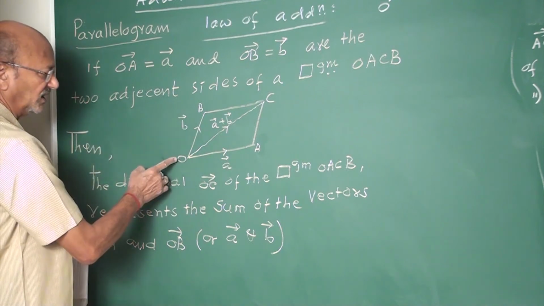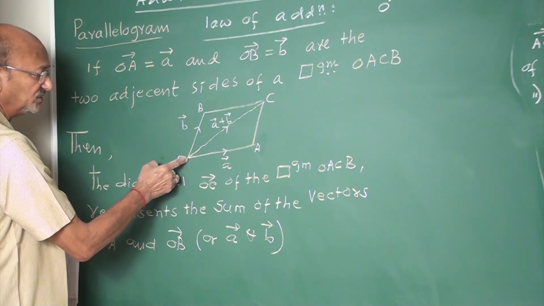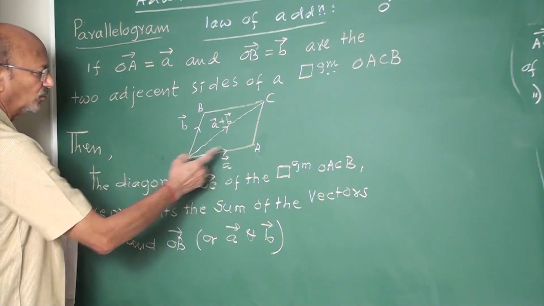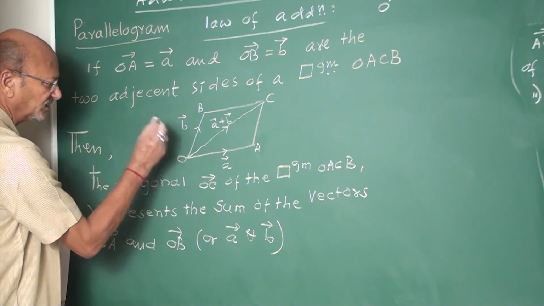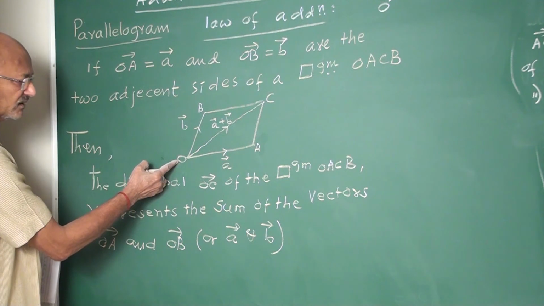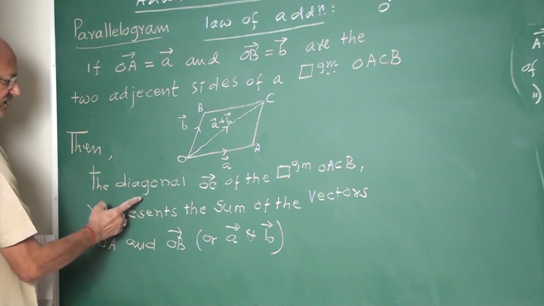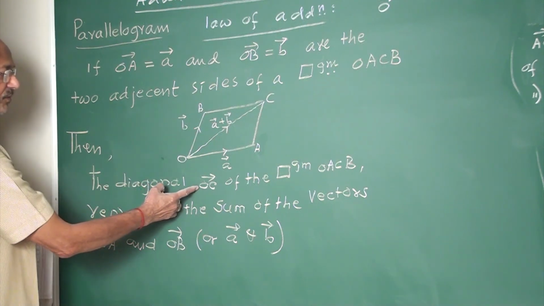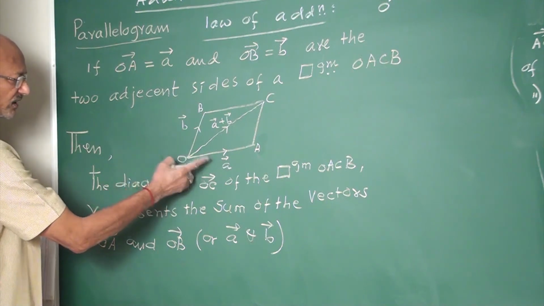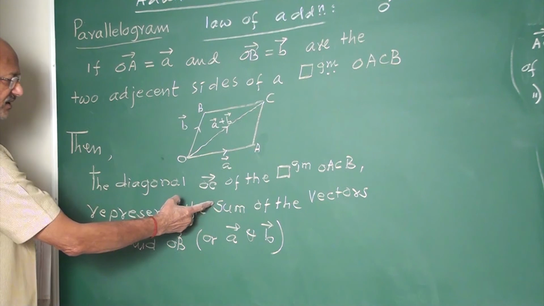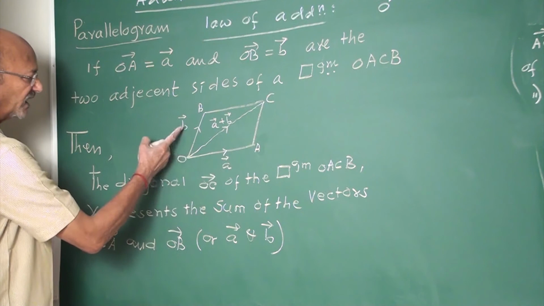This is the diagonal co-initial with vectors A and B. Means OA, OB, OC, they are the co-initial vectors. Their initial point is same. Then such a diagonal represents the sum of the vectors A and B. I have written the same. The diagonal OC of the parallelogram OACB, which is co-initial with vectors A and B, represents the sum of the vectors OA and OB or vectors A and B.